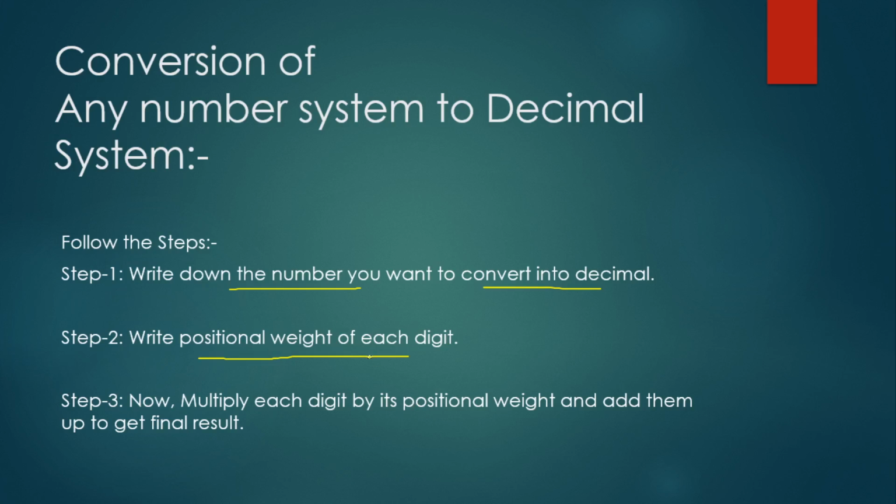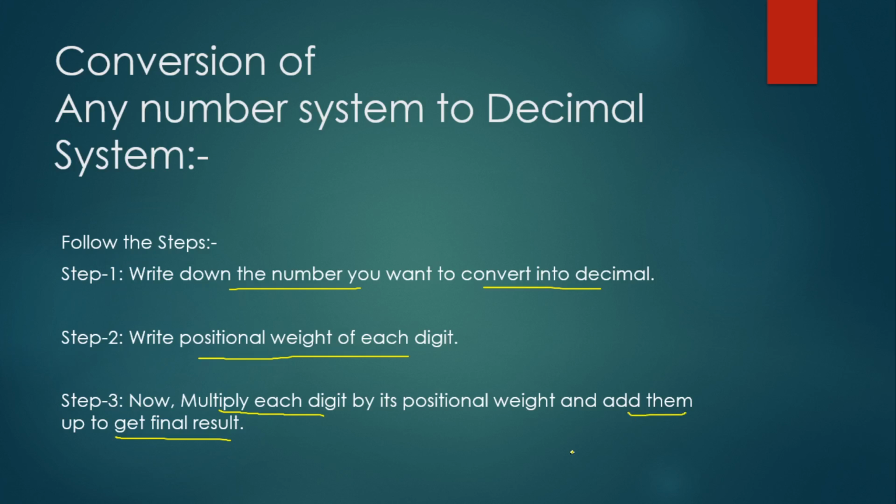The positional weight you have found for the corresponding digit, you have to multiply it with the digit and add them up to get the final result.